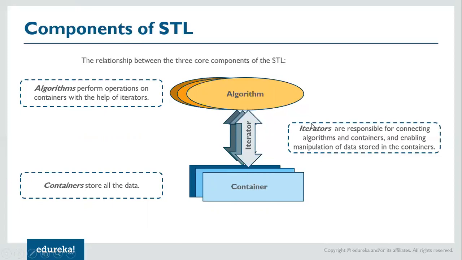And finally, iterators are responsible for connecting algorithms and containers and enabling manipulation of data stored in the container. So basically it is with the help of the iterator that you access the data stored in the container and apply the algorithmic logic on those values. So this is how the three core components of STL are related to each other.